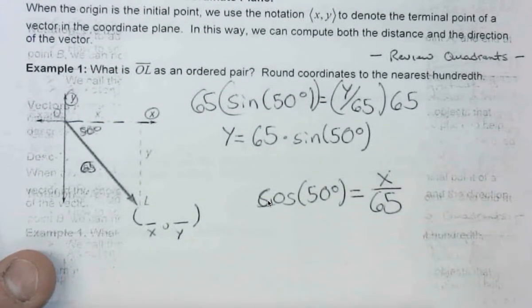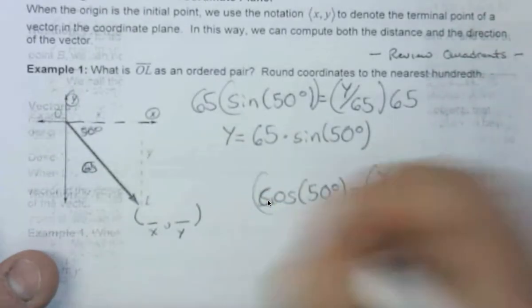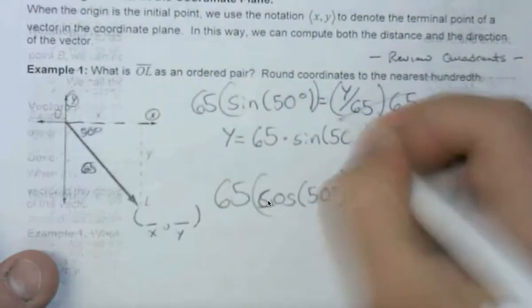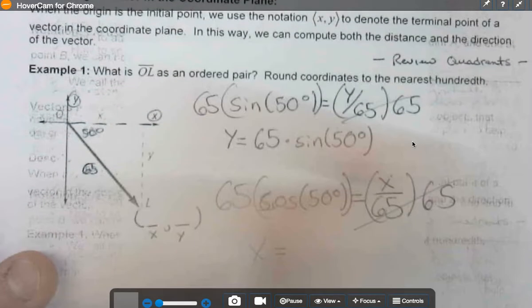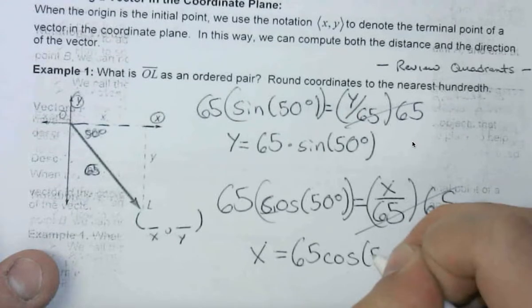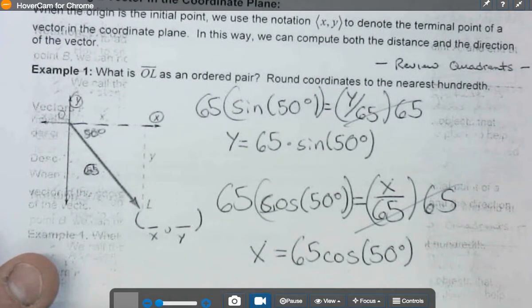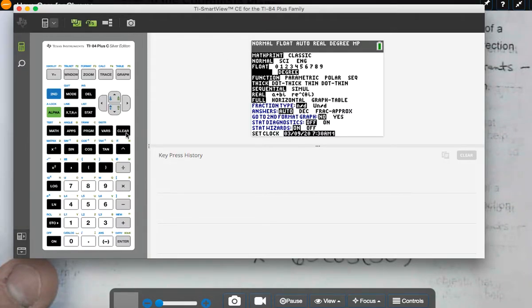If we multiply both sides by 65, the 65s can cancel. We can get that x equals 65 times cosine of 50 degrees. We can let our calculator take care of the rest, and we'll do that now.